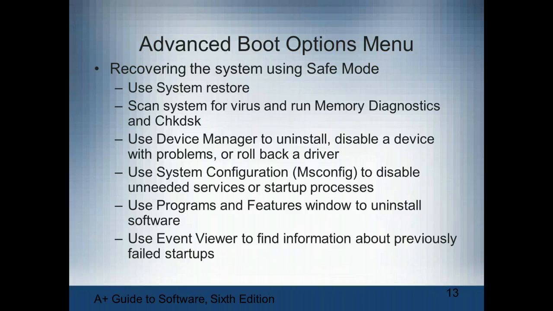What check disk does is compare the directory with what's actually on the disk to try to find errors there. We've gone through check disk and scan disk, the two terms that you'll hear off and on. Device manager: uninstall or disable a device with problems, or roll back a driver. Driver rollback: if you put a driver on and all of a sudden it doesn't work anymore, you can roll it back.